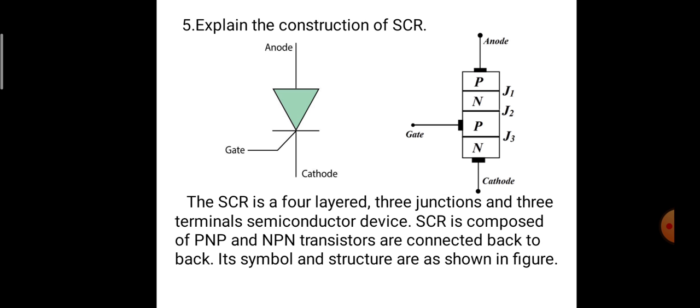Fifth question. Explain the construction of SCR. The figure shows the symbol and structure of SCR. The SCR is a 4-layered, 3 junction and 3 terminal semiconductor device. SCR is composed of PNP and NPN transistors connected back to back.